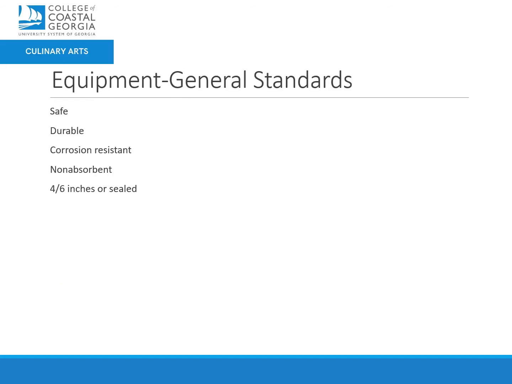So now we'll talk about kitchen equipment and what it needs to be like. Kitchen equipment is amazingly tough stuff. It is designed to, I don't want to say be abused, but be used in a really intense manner. As such, it also tends to be expensive.